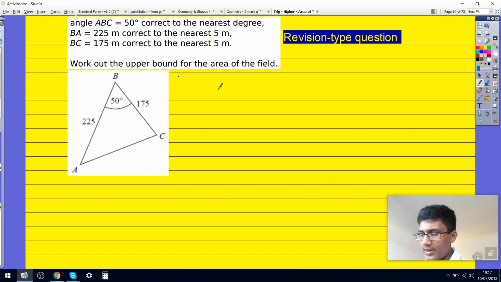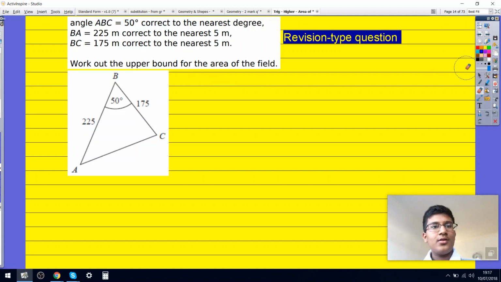So if you had 220 meters and you rounded it to the nearest 5 meters, what would it round to? 215. I mean, I think it would round to 220 because that's a multiple of 5.